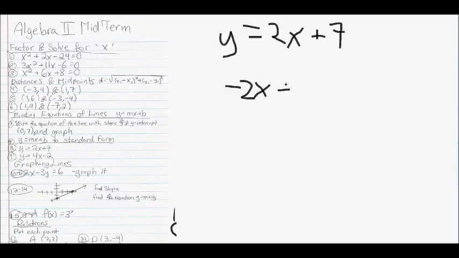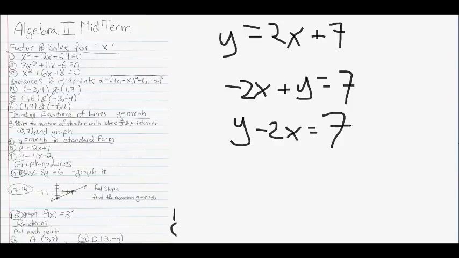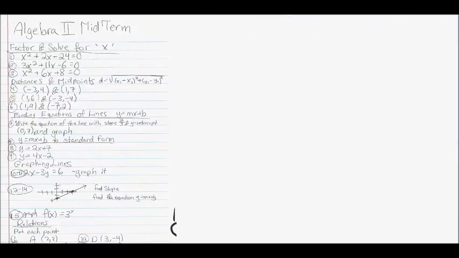When we subtract 2x from both sides, we have negative 2x plus y equals 7. And that's it. Usually the book prefers us not to have any negatives in front, so you could write it this way as well. Rather simple.